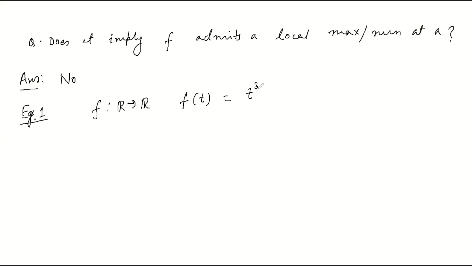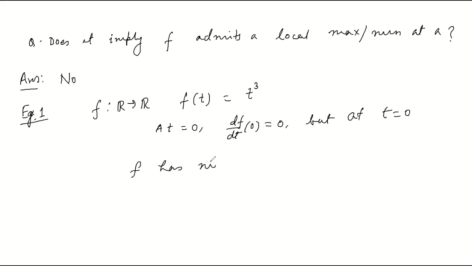You may take t^n, where n is odd and greater than or equal to 3. Here at t equal to 0, df/dt at 0 is equal to 0, but at t equal to 0, f has neither max nor min.